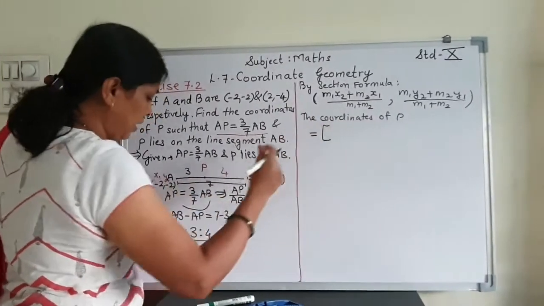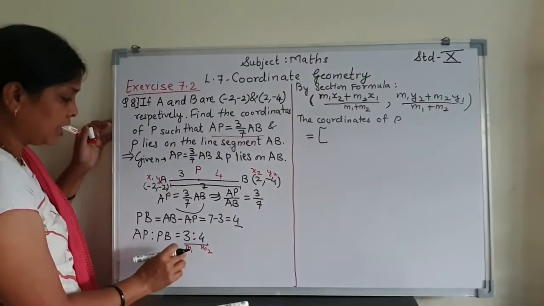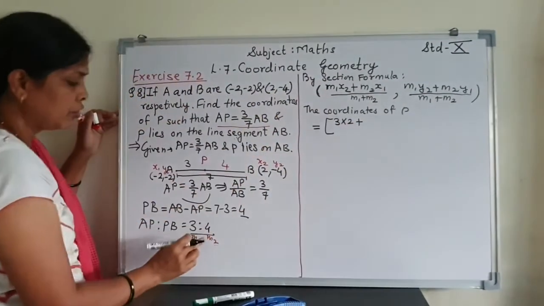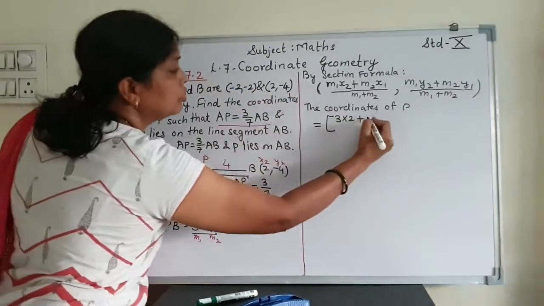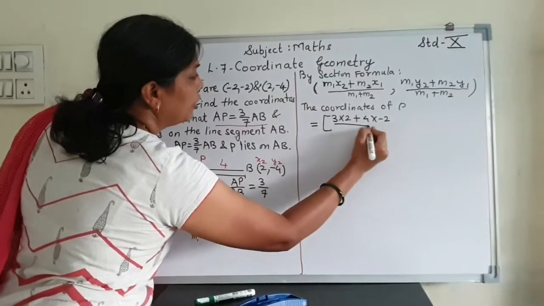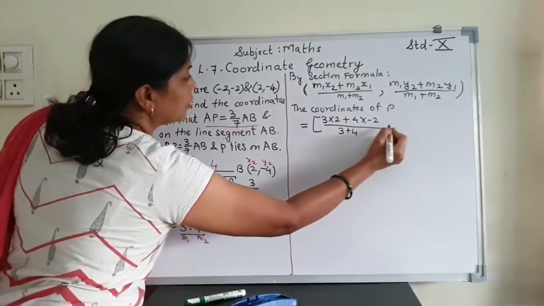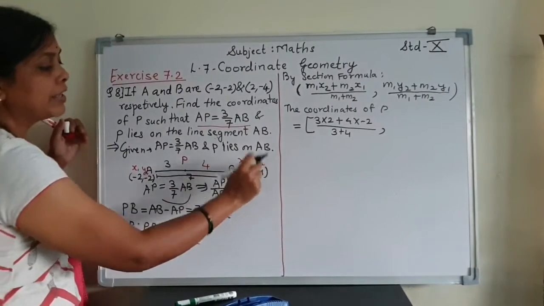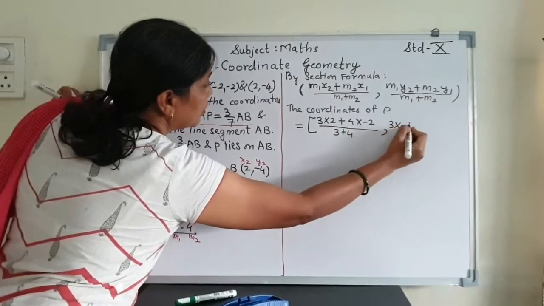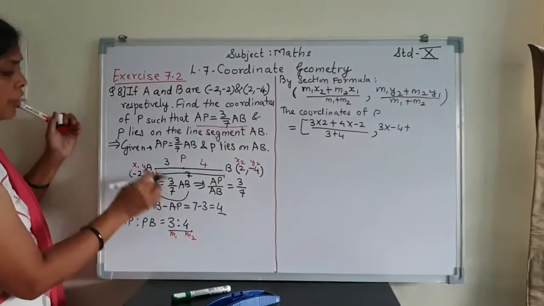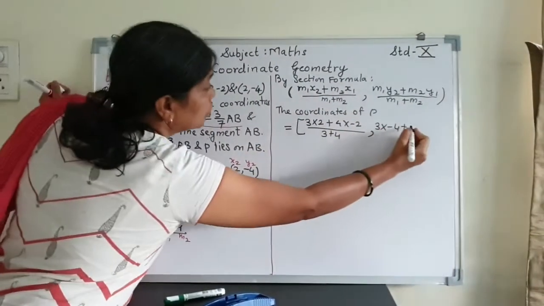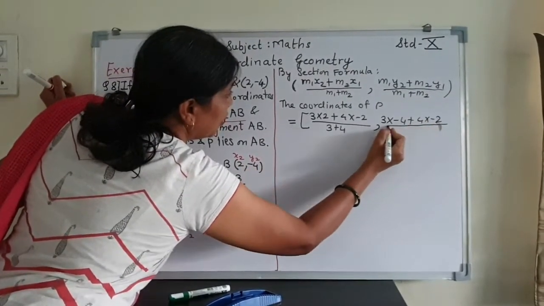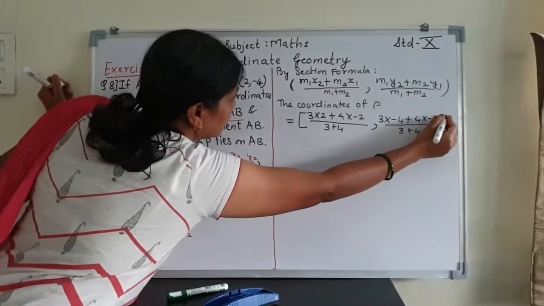So with this, we get here M1 means 3 into 2 plus 4 into minus 2 upon 3 plus 4, the x coordinate. Then 3 into minus 4 plus 4 into 2 upon 3 plus 4.